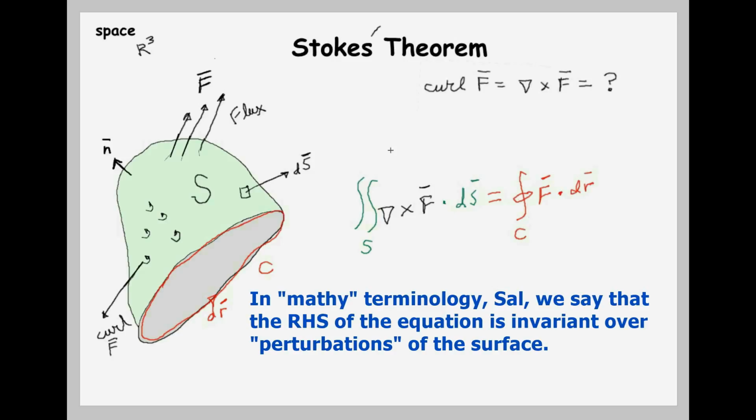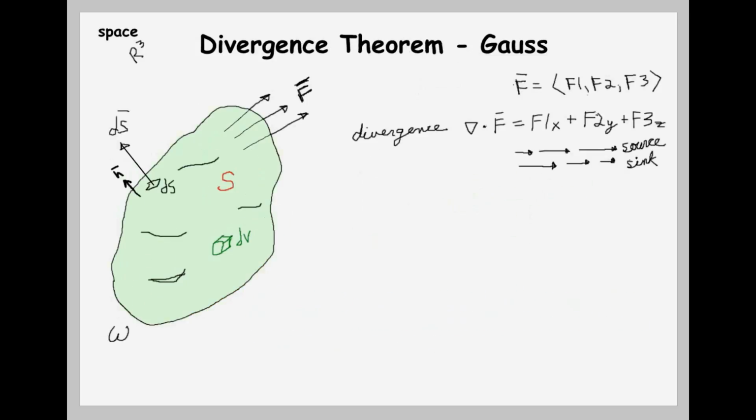Okay, in the last case, we have the divergence theorem, and now we're working with a solid, W for solid. So we again have our vector field F. So we need some kind of derivative to begin.